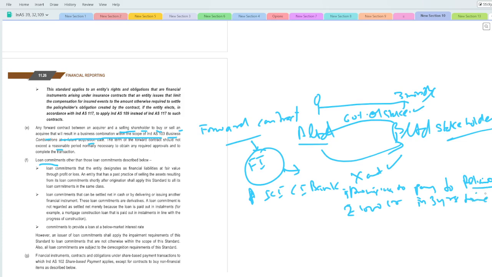So now the Reliance, it can take any amount up to 1000 crore till 3 years. So this is the loan commitment. So this is what it is called as a loan commitment.